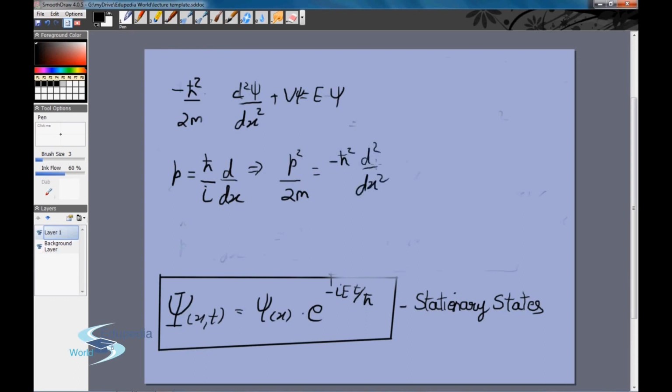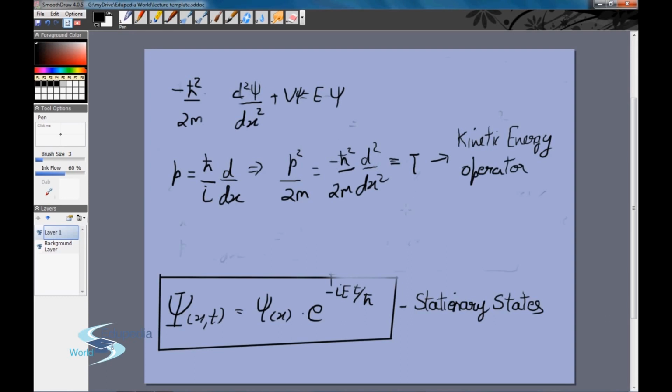And this is the kinetic energy operator referred to as T, P squared by 2m. So we see that minus h squared by 2m, double derivative with respect to x, is basically the kinetic energy operator. Now when an operator is of the form of a derivative, then when you apply it on psi, it actually differentiates that psi.